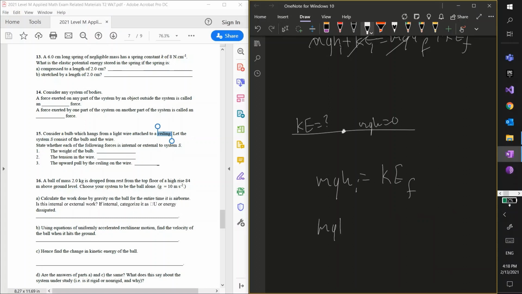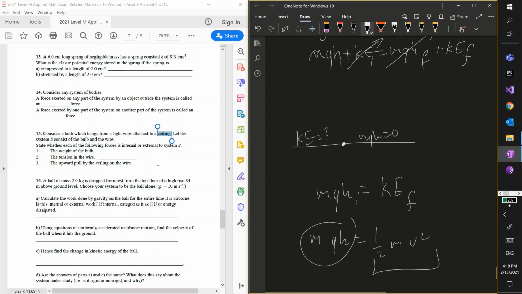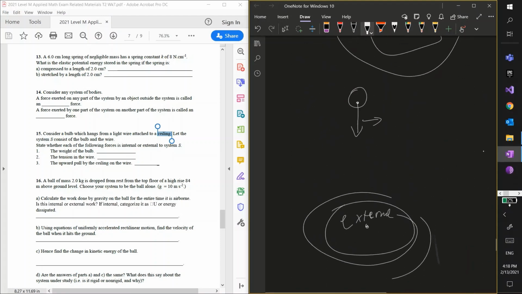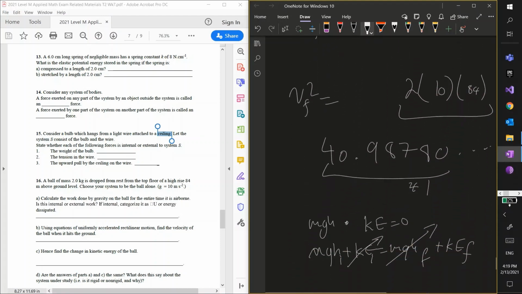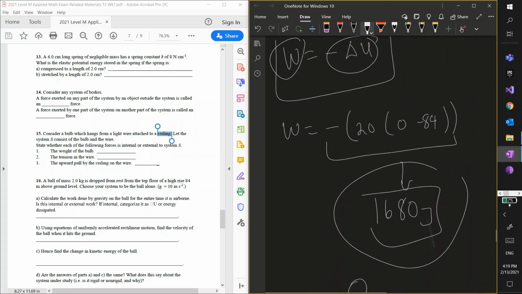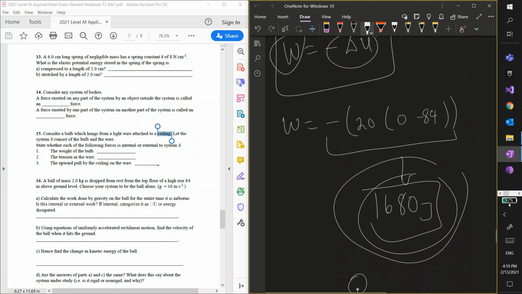So mgh is equal to half mv squared. They want you to find the kinetic energy, which is just mgh. What is mgh? Well, we found it over here. This is mgh, your change in kinetic energy.